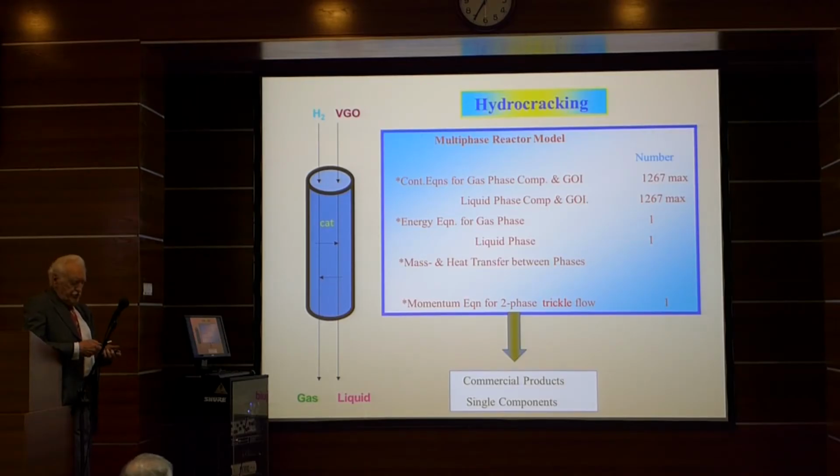Well, when we look at the literature, you will find that we describe the hydrocracking in a multi-phase reactor model, of course, and we need continuity equations for the gas phase and for the liquid phase components, and we have to account for the energy equation for gas and liquid phase, and we have to account for the transfer of mass and energy between the two phases.